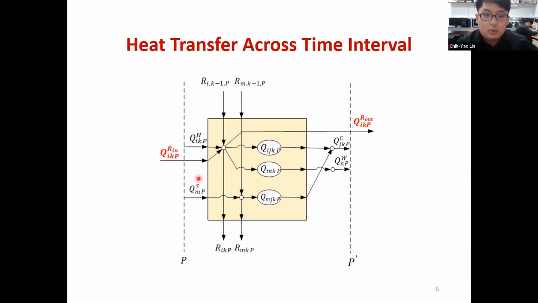We add two variables, QRinIKP and QRoutIKP, to the multi-period transfer model. Then the model considers that heat in the last time interval could transfer to this interval, and the heat in this time interval could transfer to the next interval.